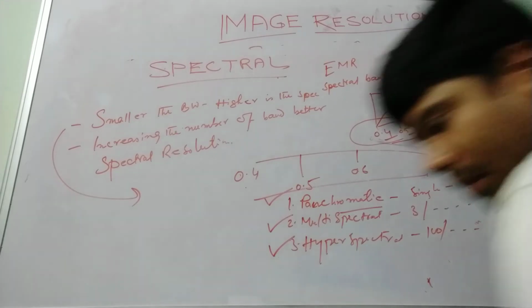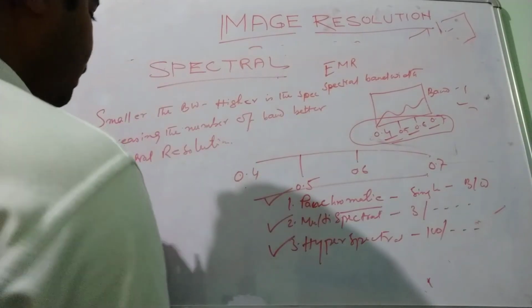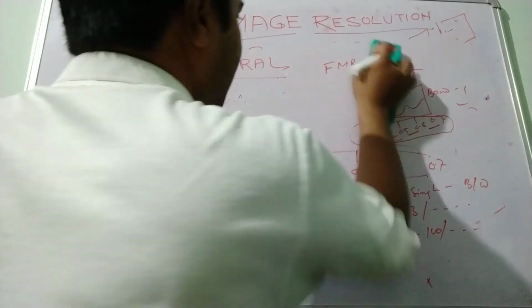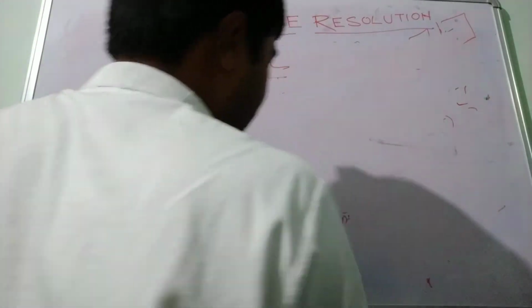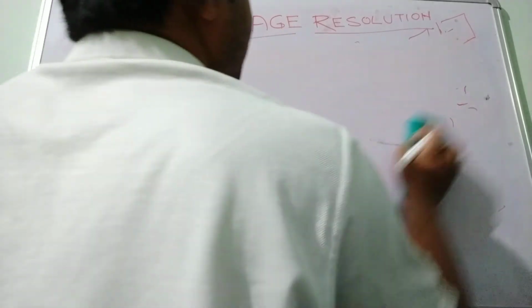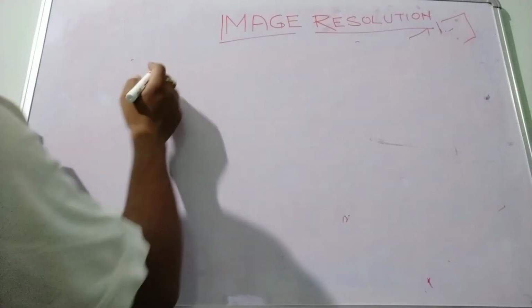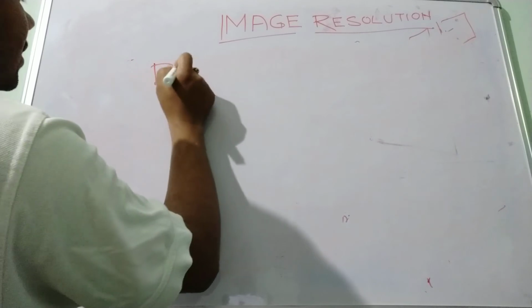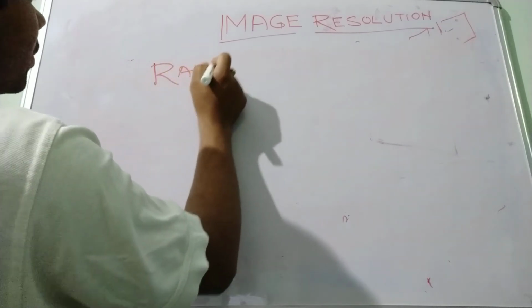The next one is the radiometric resolution. Radiometric resolution refers to the capability of the sensor to discriminate the gray levels for better identifying an object.